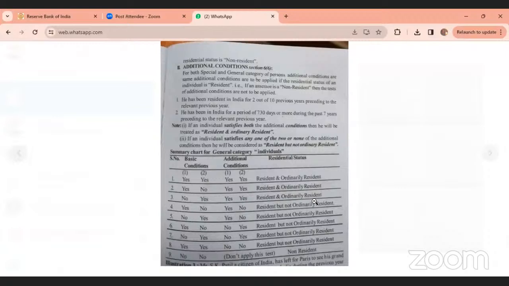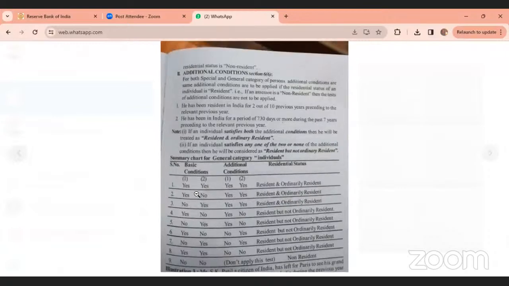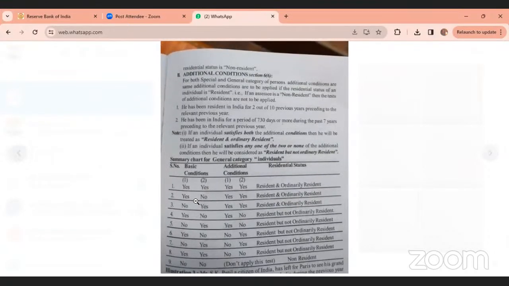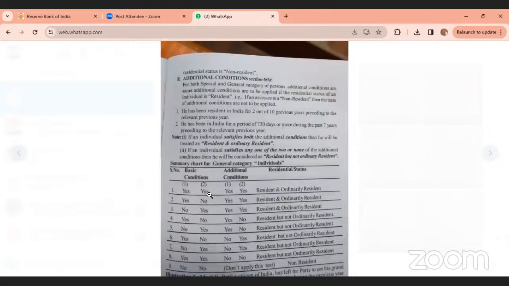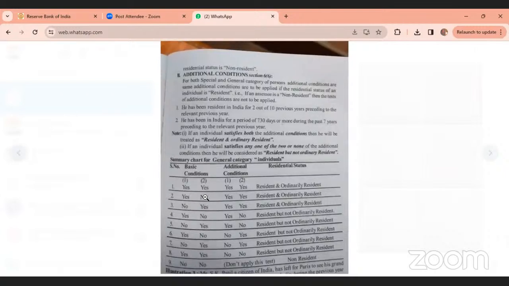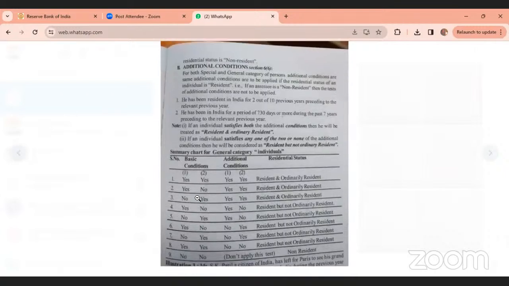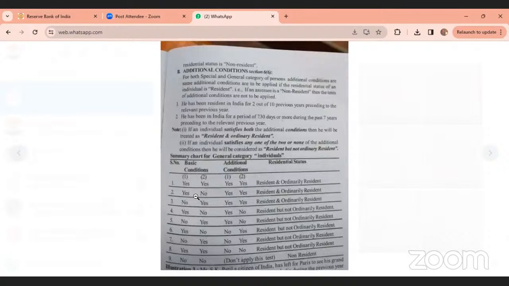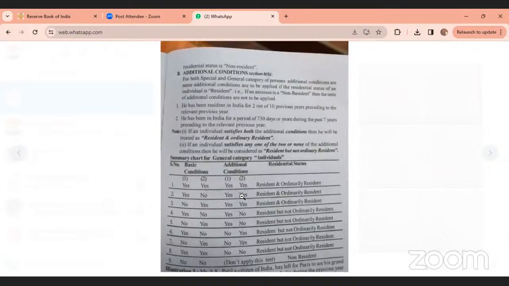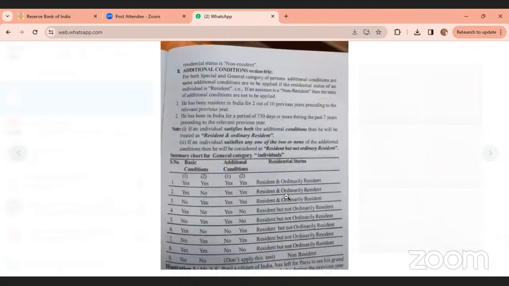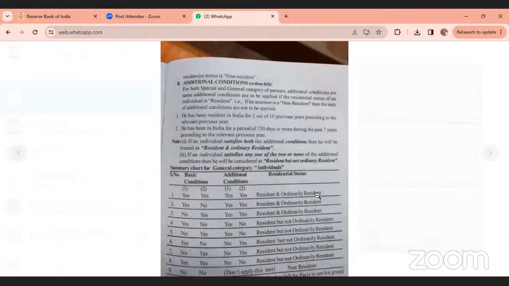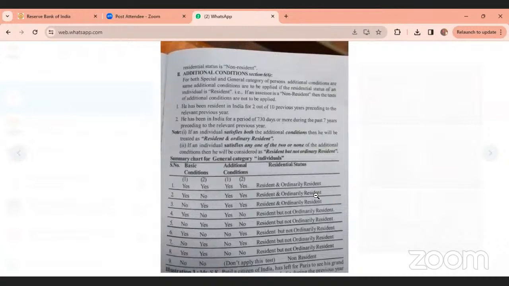In that case also, resident and ordinary resident. For first 1, 2, 3 points, if any one of the basic conditions is satisfied and both additional conditions are satisfied, then the person is called resident and ordinary resident. This is the total summary of the resident and ordinary resident.